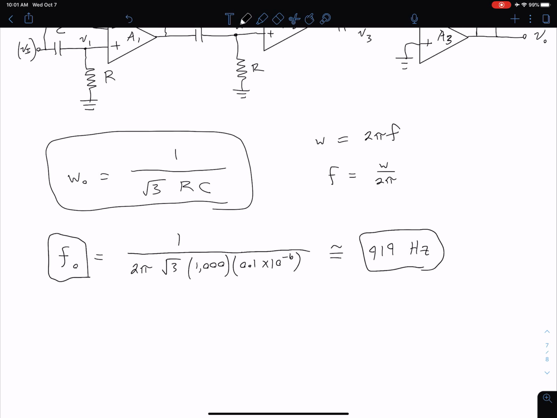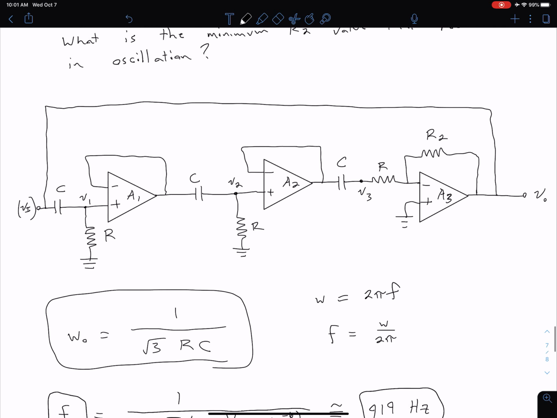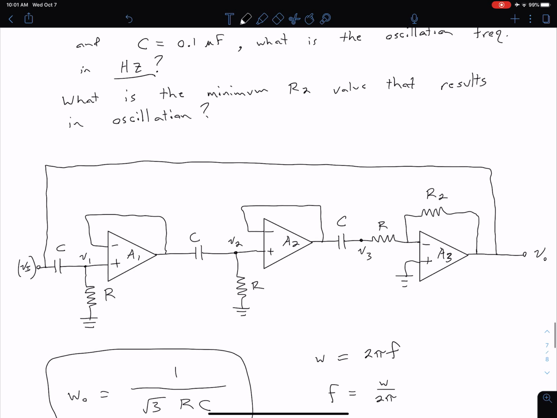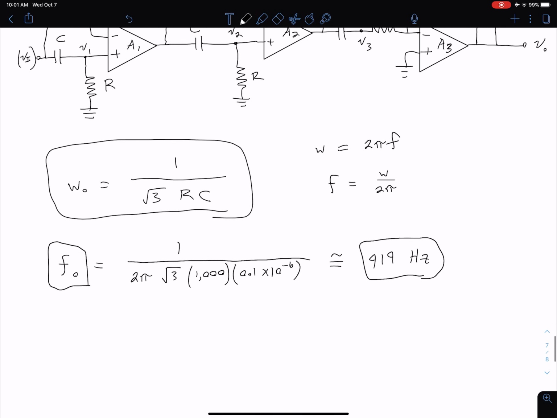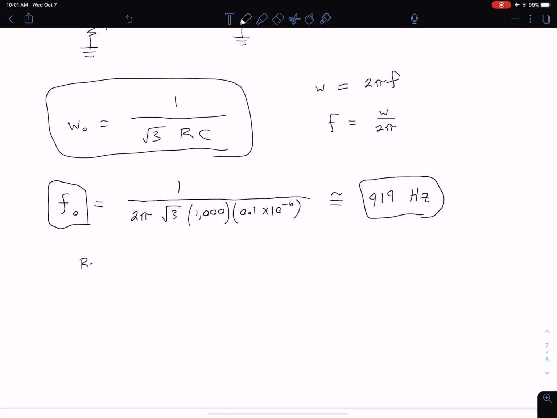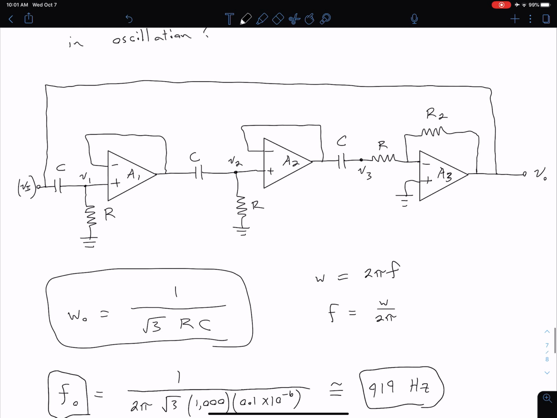What is our frequency of oscillation? We had also found in our previous video that for oscillation to occur, this ratio of R2 over R has to be greater than or equal to 8. Remember, all of these values are our R values, part of our RC networks, and then we have this R2 value up here, which is part of our inverting amplifier configuration.